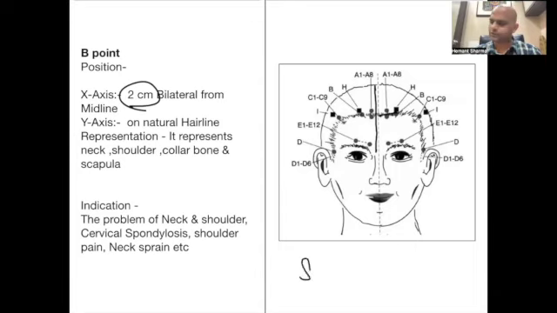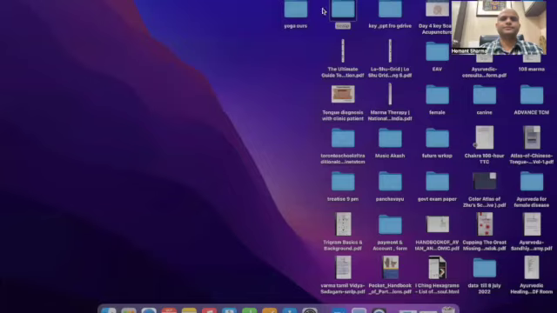Now the B point represents the shoulder and neck. So look at this area. The A point means this much, and the B point means this. So B point means neck, shoulder. If you are coming to the front collarbone, that is the B point. Even if you go to the back side, the scapula bone, that is also the B point.